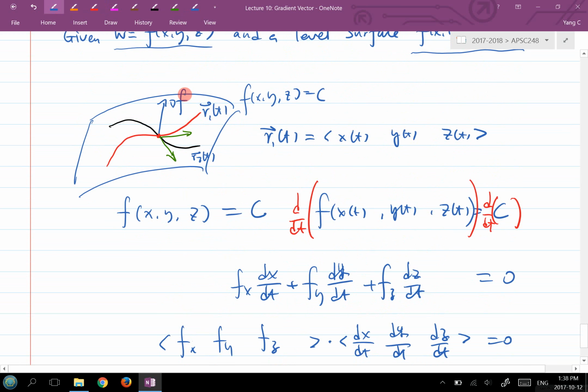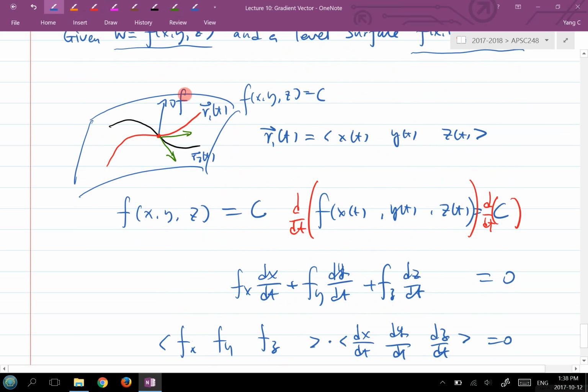So imagine, right? If you have a surface at this location, how many tangent vectors would you be able to draw out of this location? Infinite, right? But then there's only what? One gradient vector. So that one gradient vector is perpendicular to all of the tangent vectors.